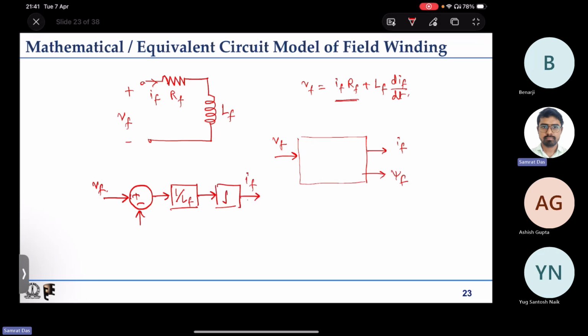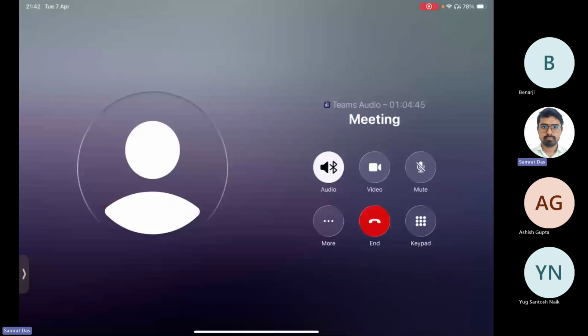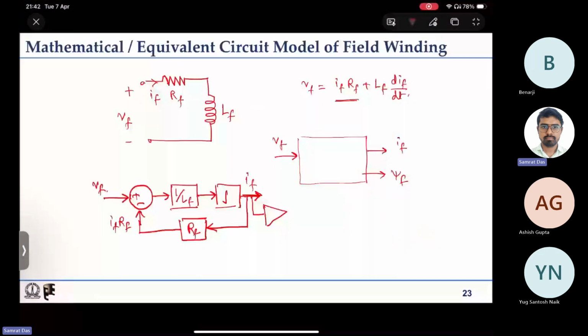The integration will give If, which is fed back, multiplied with a factor of Rf, and that goes as IfRf here. Another output, if you want, is a simple gain, typically symbolized by a triangle like this. If you multiply by Lf, you get psi f.